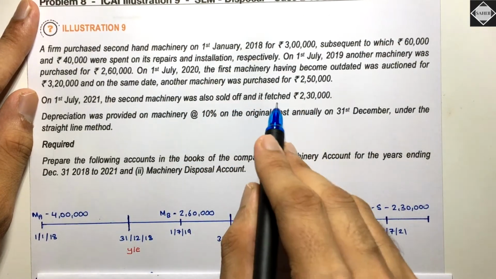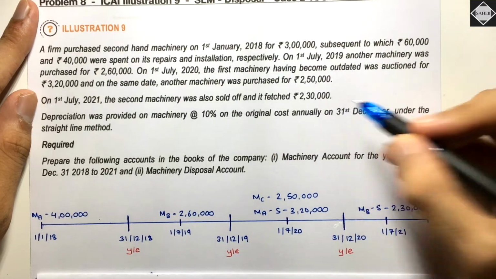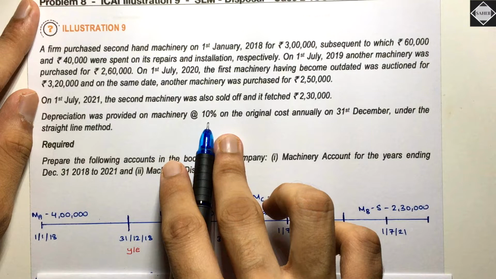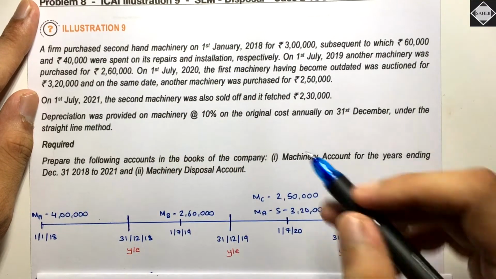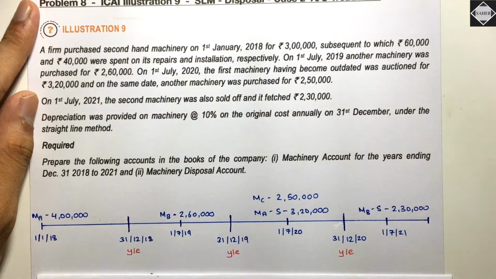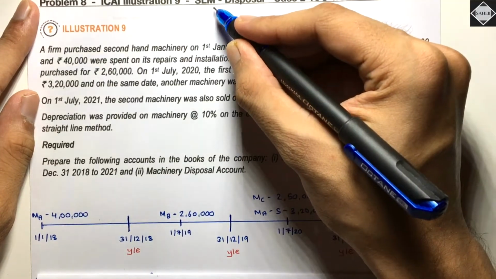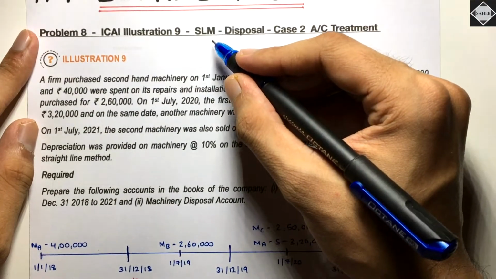We got 2,30,000. Is this clear? Depreciation was provided on machinery at 10%. 10% is the rate of depreciation on the original cost. By this sentence we can understand that here we have the straight line method, the SLM method.